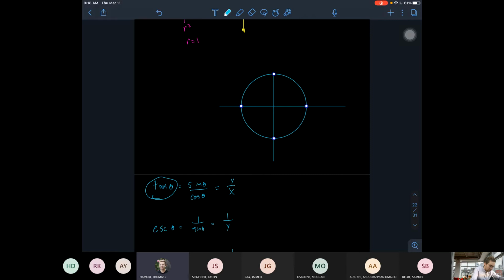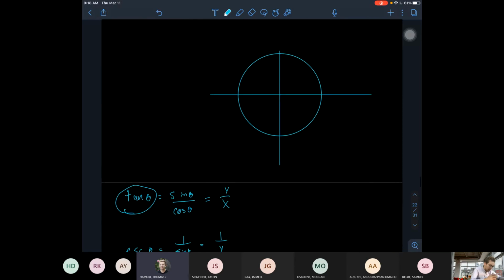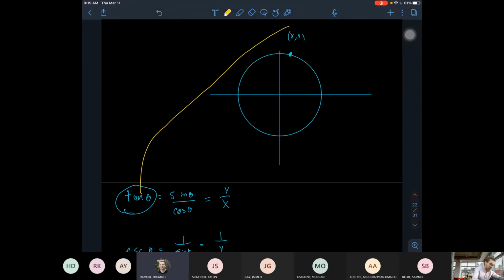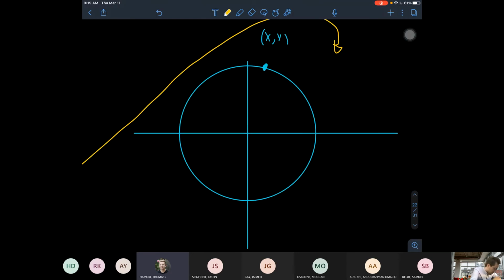We have a unit circle here, and we have a point here, x comma y. Then the tangent function describes the length of the line which is tangent to this circle, until it touches the x-axis.